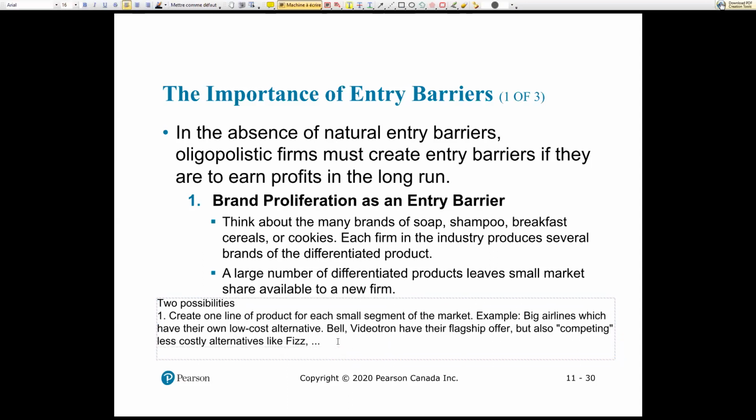And the second way to do it, that also sort of works or sort of doesn't work, is buying emerging competition.